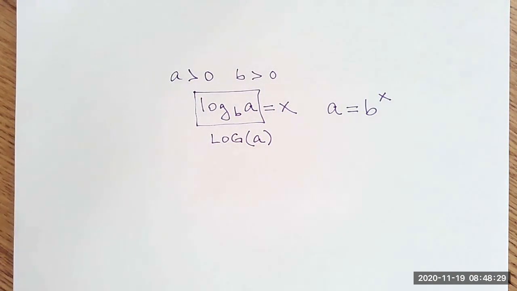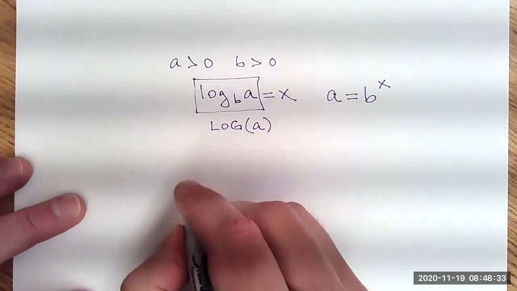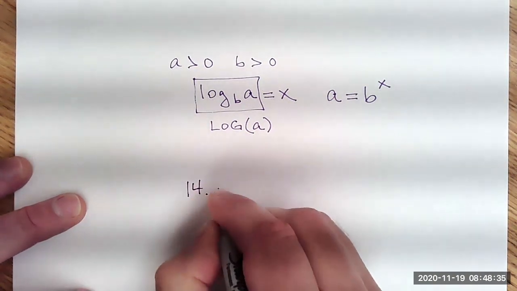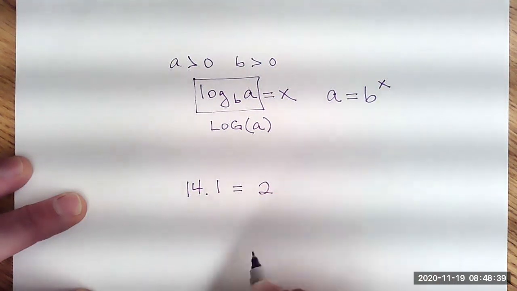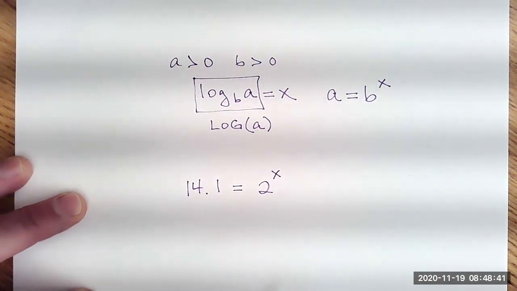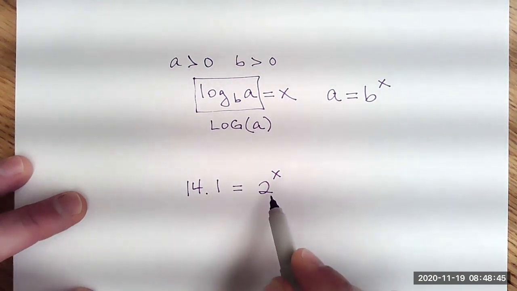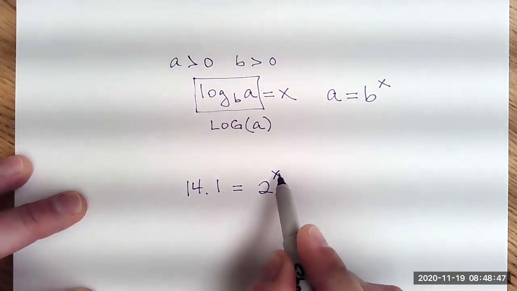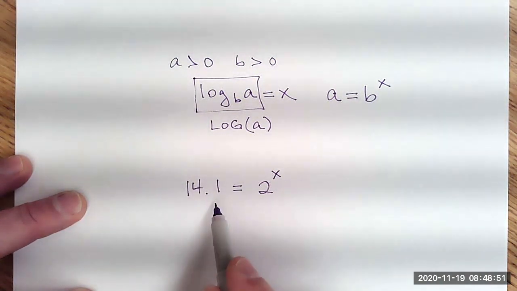All right, so let's get started. The first problem is 14 1/10 equals base 2 raised to some power x. This says that I have a base 2 raised to some exponent equals this value here.